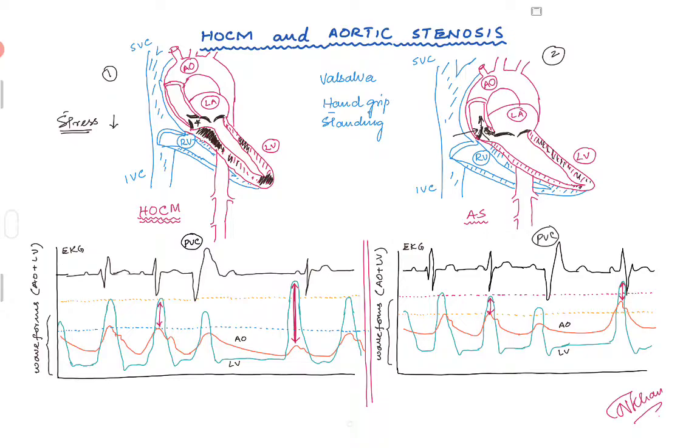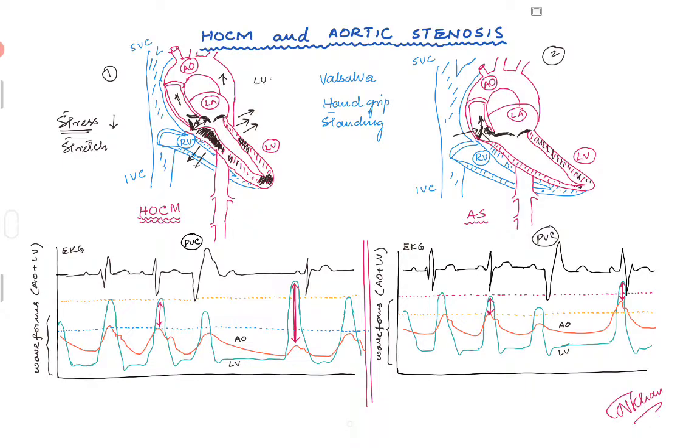Again, it comes back to the physiology. So basically when I say more stress, when you have more stress, there is more stretch. So what happens is if the LV cavity in HOCM is under stress, there is more stretch on it, it is filling more, or if there is more afterload and the left ventricle has to dilate to push that blood into the aorta, what it will do is basically stretch the LVOT here.